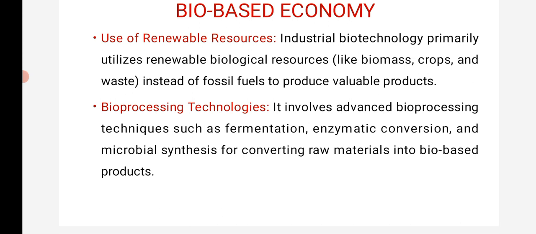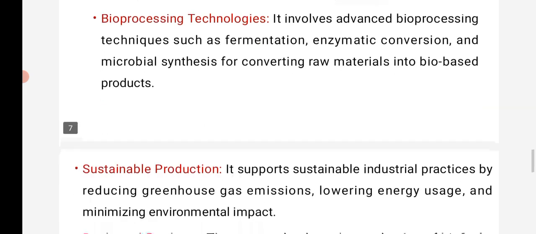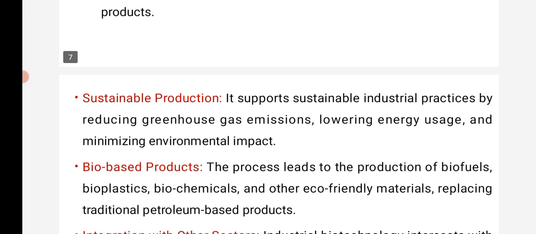And the second one is bioprocessing technologies. Bioprocessing technology is nothing but the production of products with the help of some enzymes, some chemicals, and some microorganisms, and also sustainable production. These sustainable productions give low energy use and minimize environmental impact.